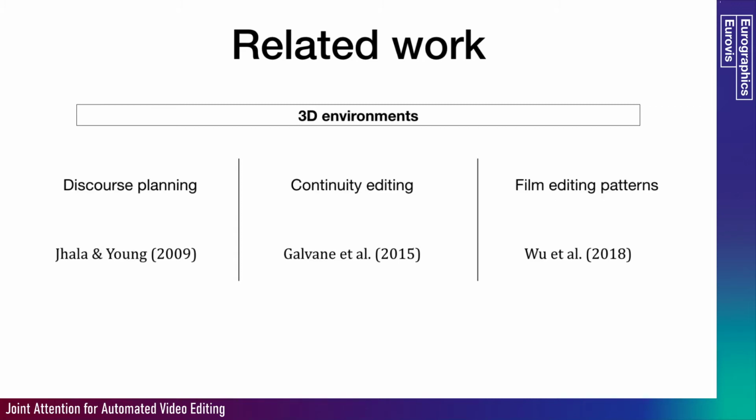Finally, there's a lot of work on automated editing systems for virtual environments, notably placing and selecting cameras in the 3D environment that fulfill discourse goals, and also ensure the spatial and temporal continuity of motions and actions, and apply common patterns of editing from filmmaking to achieve story or emotional goals. So 3D camera planning varies greatly from our current challenge in 2 main ways.